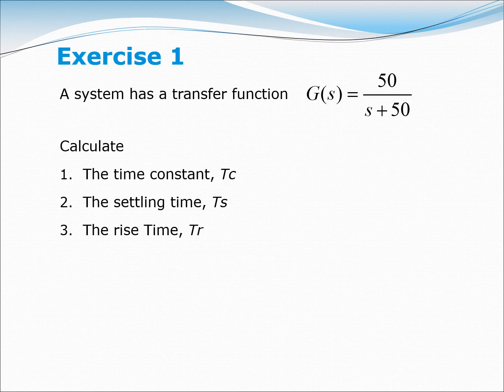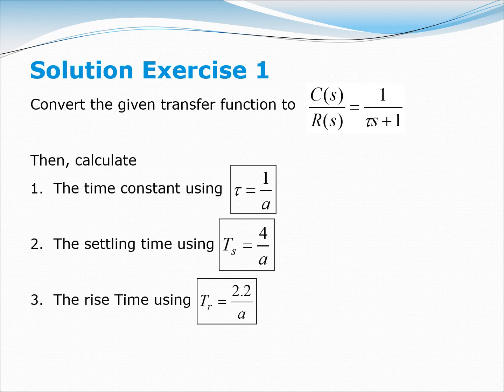As an exercise, you can try to calculate the time constant tau, the settling time Ts, and the rise time Tr for the given G of s. It is a simple question.